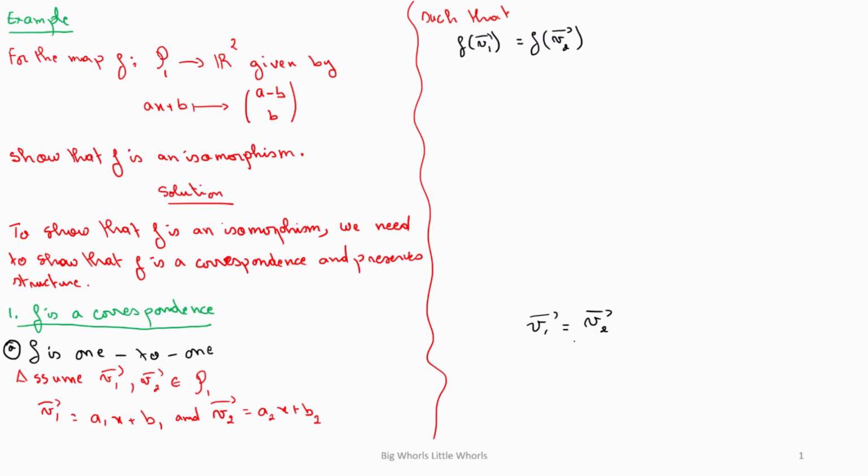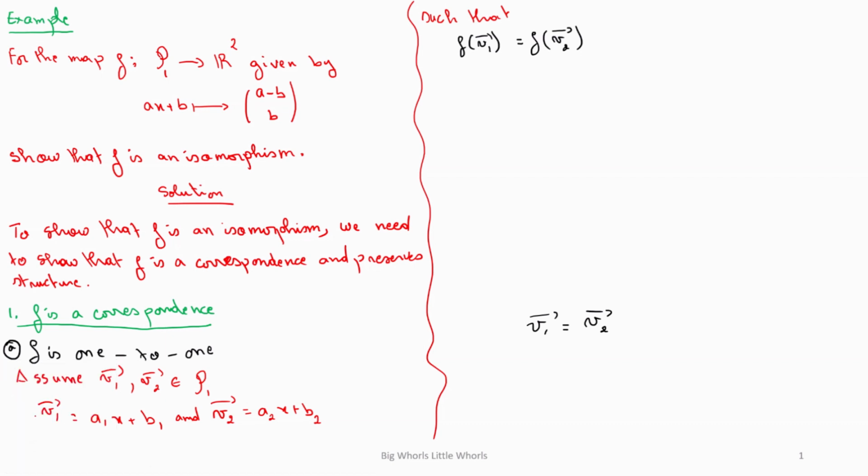That's what we need to prove. I have already explained in the previous video that if the images in the codomain are the same, we need to prove the elements in the domain are also the same, V1 equals V2.